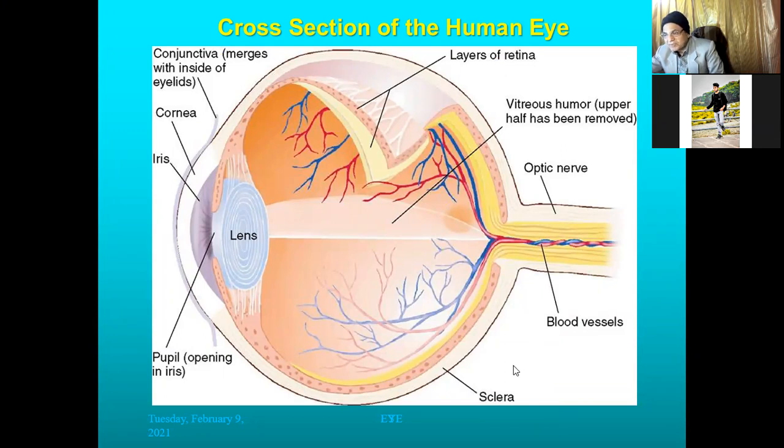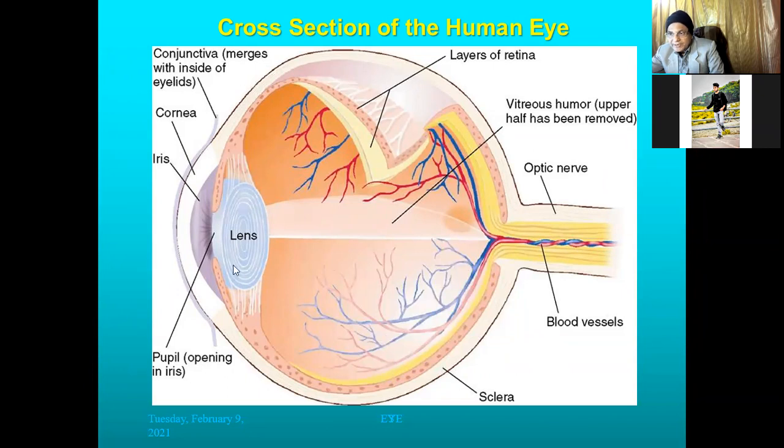But here we will not be concerned with that. Then there is a middle layer, which is another kind of protective layer. And then the inner part, the most important, is termed the retina.